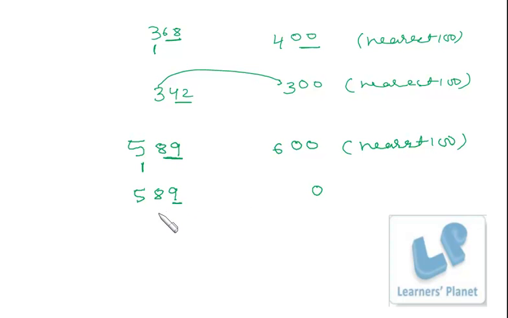It is greater than 5, so I add 1 over here, right? So it is 8 and 1, 9, and this is 590. That is nearest 10. Okay, so do not get confused. In nearest 100 you see last 2 digits, in nearest 10 you just see last digit. In this case you see more than 50, in this case you see more than or less than 5.